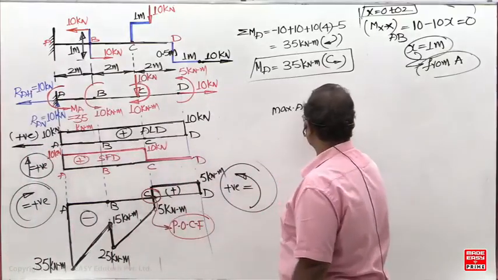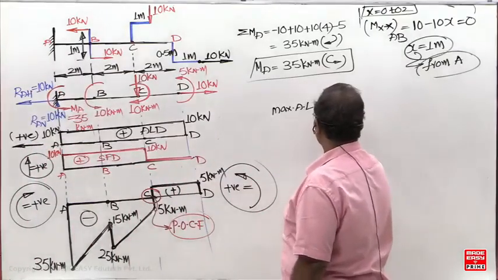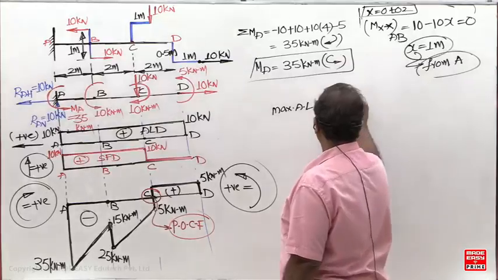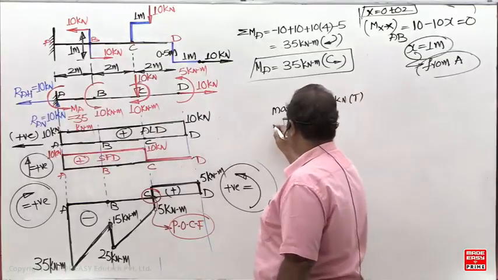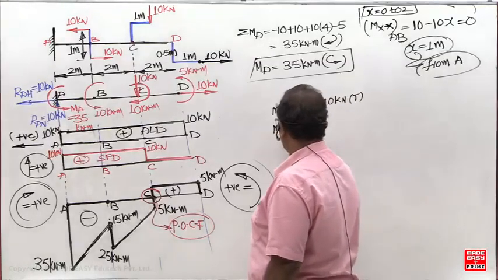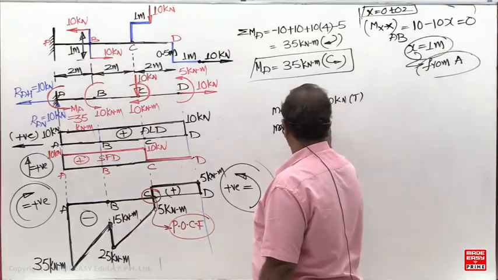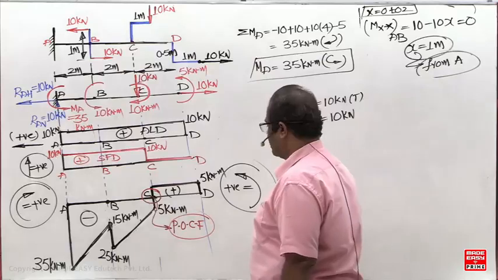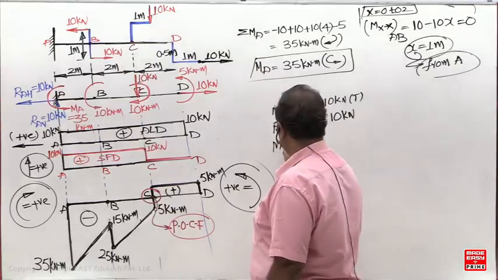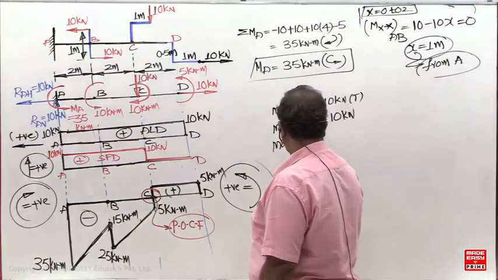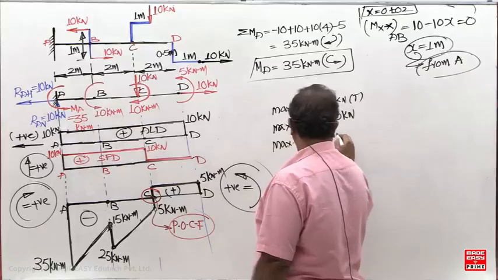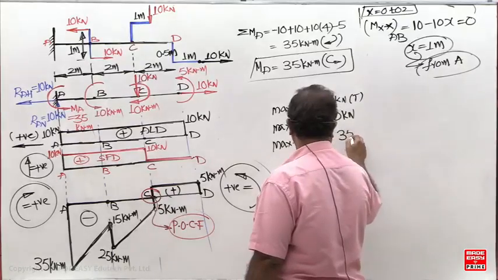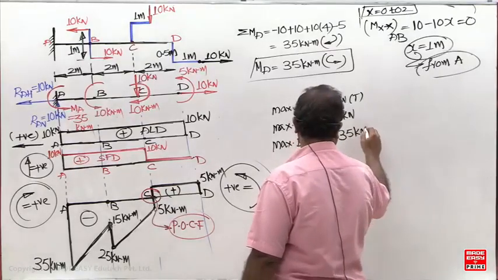So maximum axial load 10 tensile. Maximum shear force plus 10. Plus 10 means it will form a couple in clockwise. Maximum bending moment, hogging.